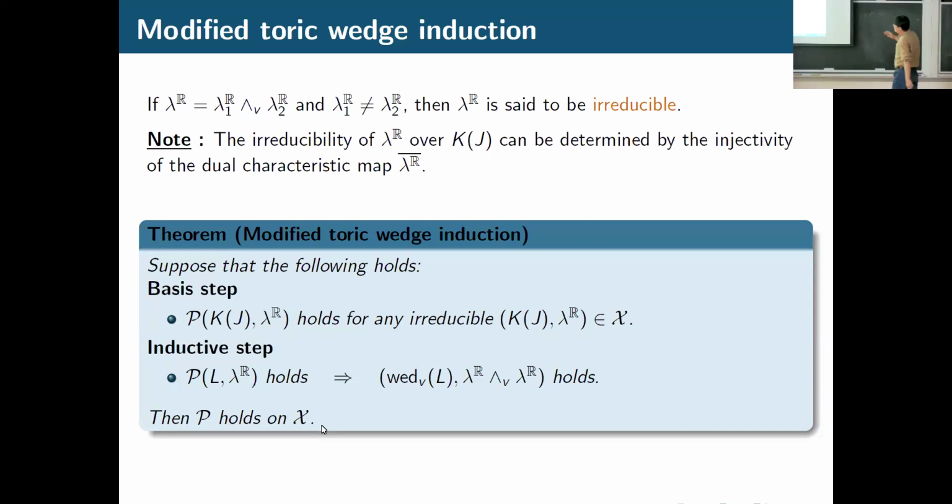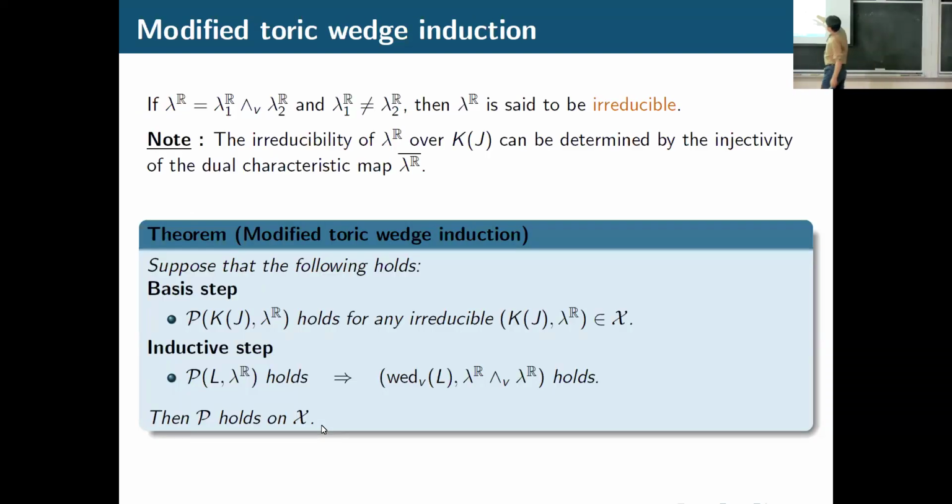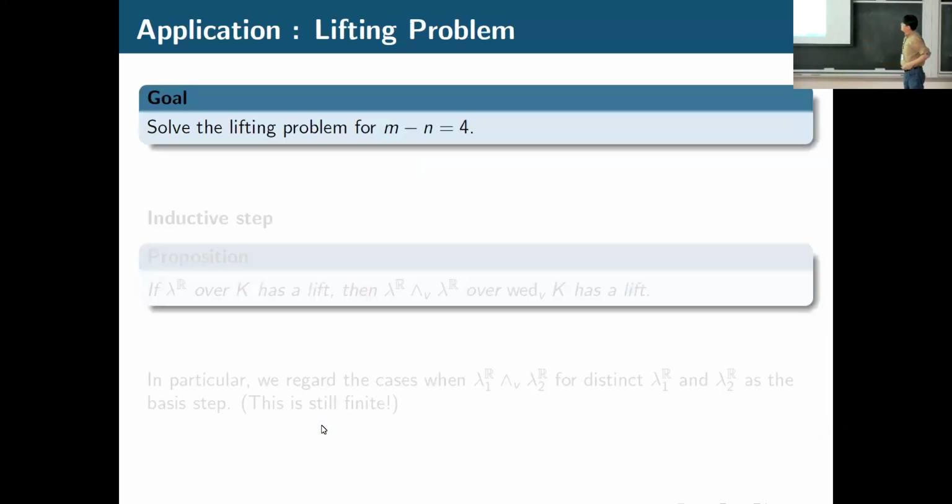Then if we put this canonical extension as the inductive step, the basis step is bigger, but this kind of Toric wedge induction still holds. We could prove that. But this base step can be detected by the injectivity of the dual characteristic map. So this makes sense. So let's solve the lifting problem for m minus n is 4.